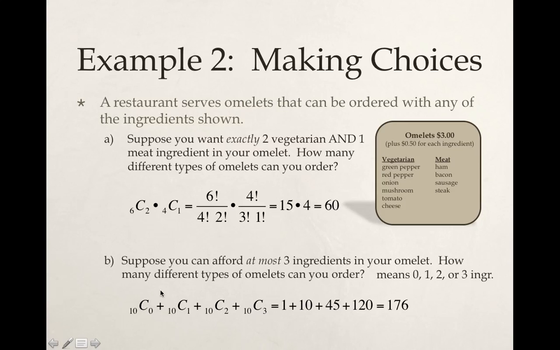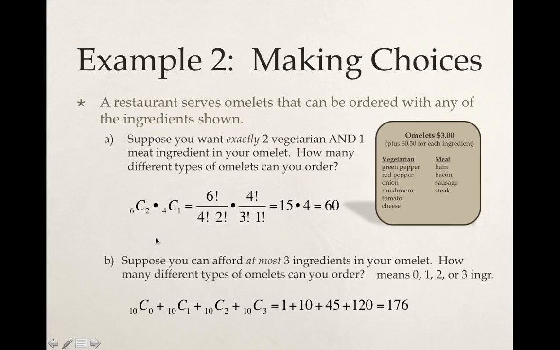Hopefully that can help you decipher in your homework whether we should be multiplying or adding. If we're talking about different situations of omelets, having 0 ingredients, 1 ingredient, 2 ingredients, 3 ingredients, then we're just going to add those combinations together. If we're talking about choices within one omelet, then we're going to multiply those choices together.